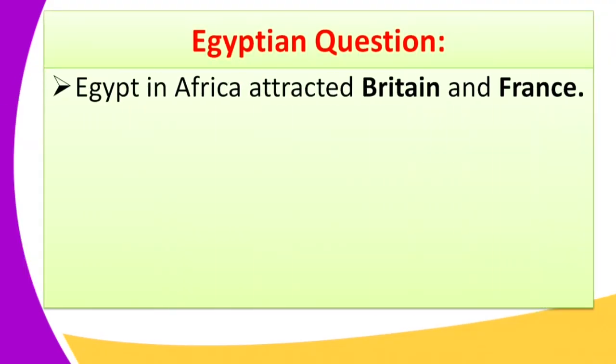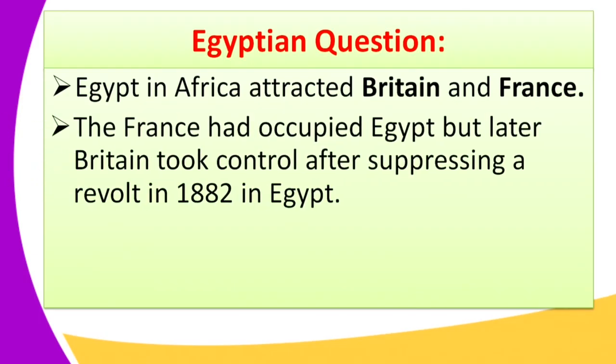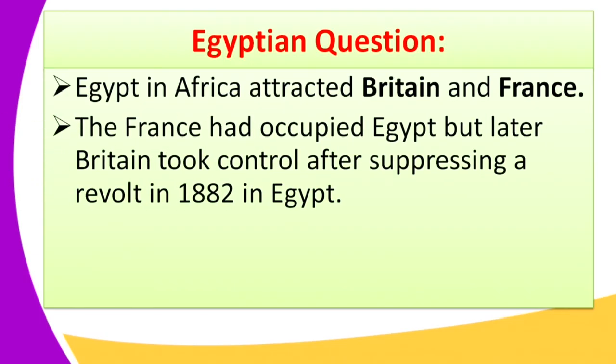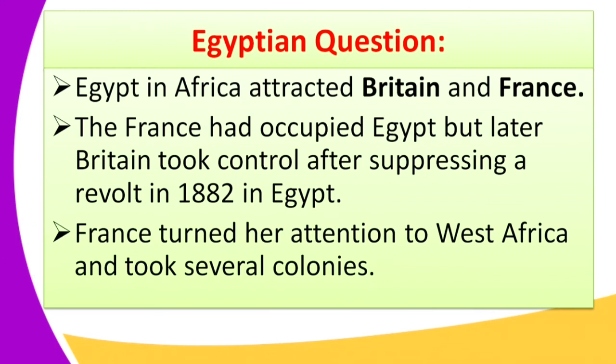On the Egyptian question, Egypt in Africa attracted Britain and France. France had occupied Egypt, but later Britain took control after suppressing a revolt in 1882 in Egypt. France had occupied this region, and therefore they had constructed the Suez Canal.